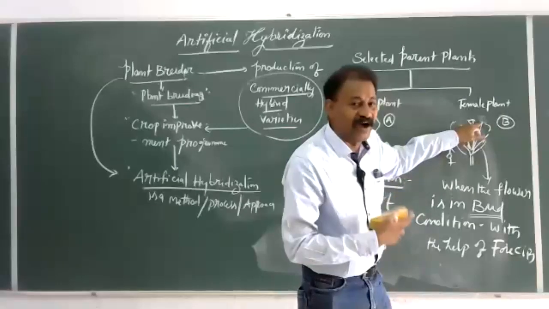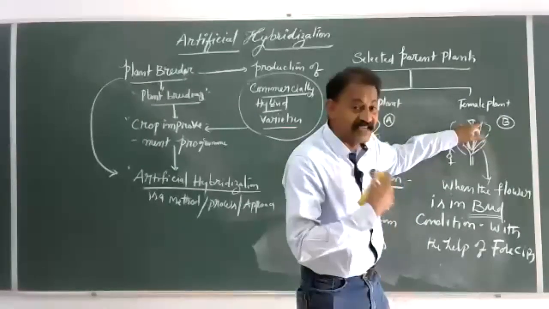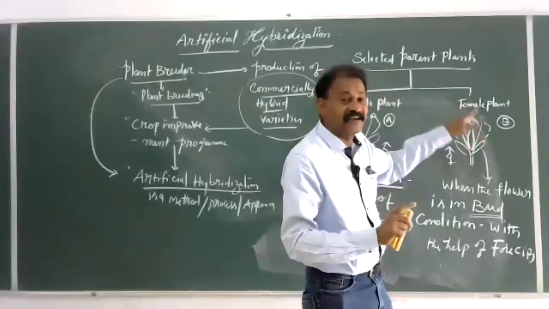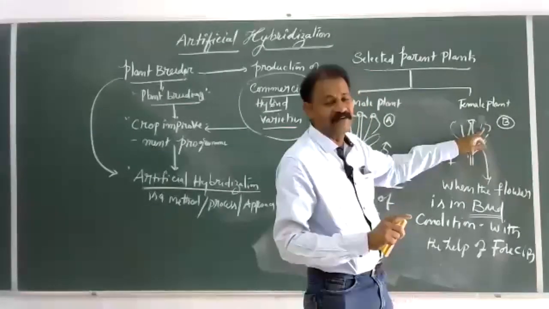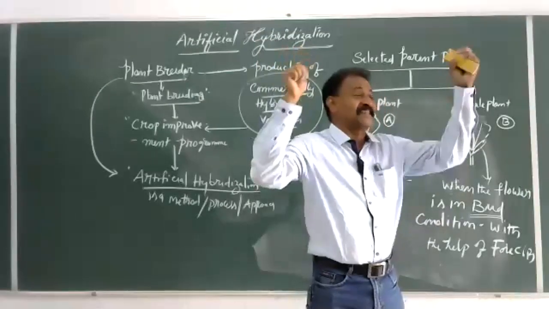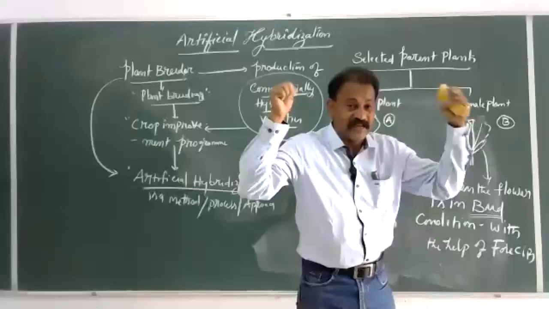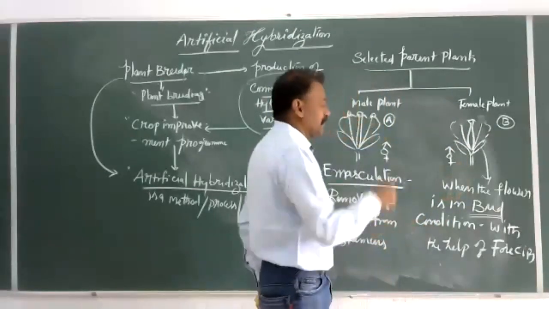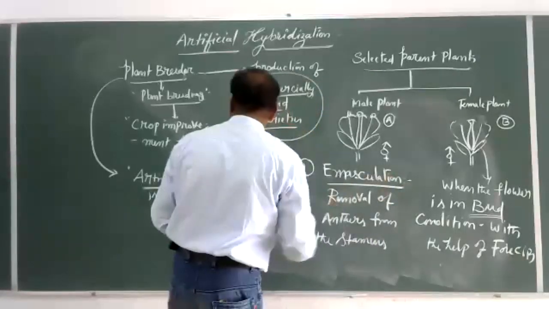We don't want that. We want our desirable pollen. It is an artificial process of hybridization. We want to see what happens when a desirable pollen is dusted on a desirable stigma. This is the process of hybridization. Here, emasculation is the process to avoid self-pollination.